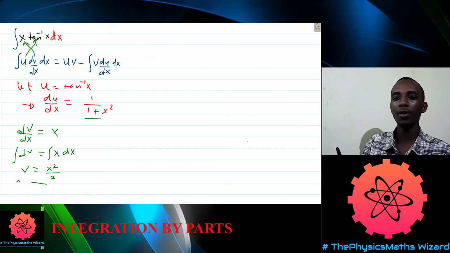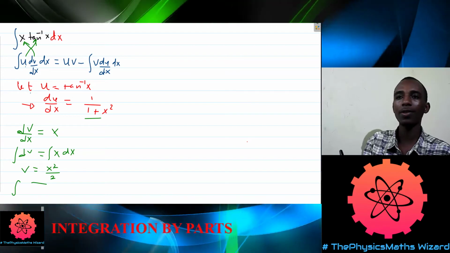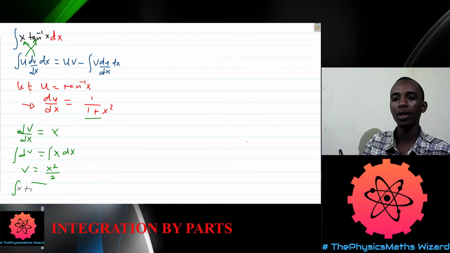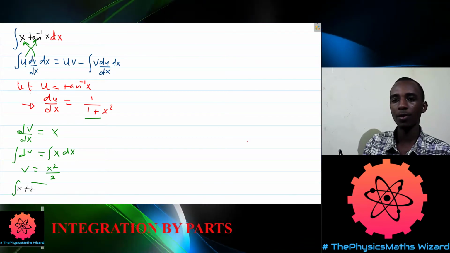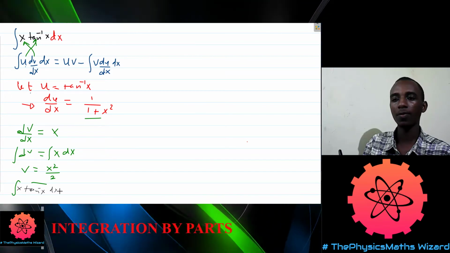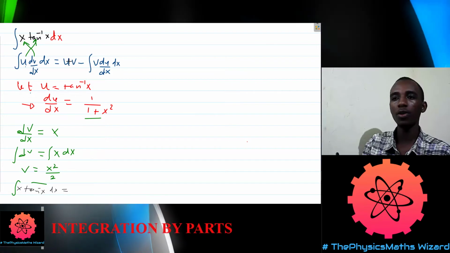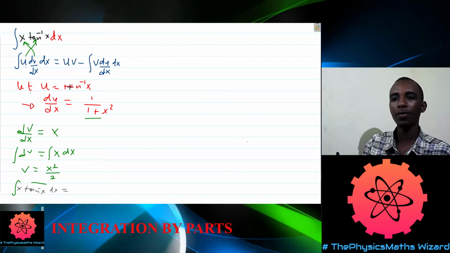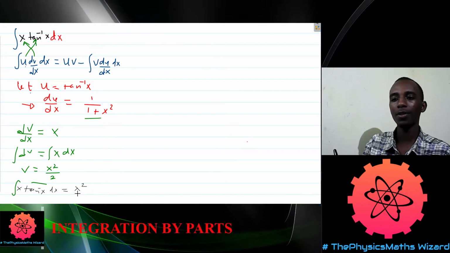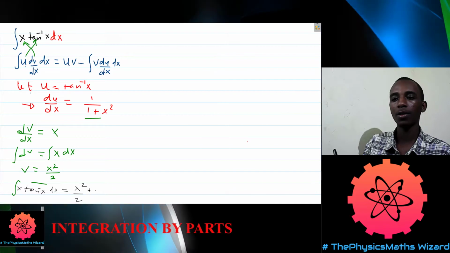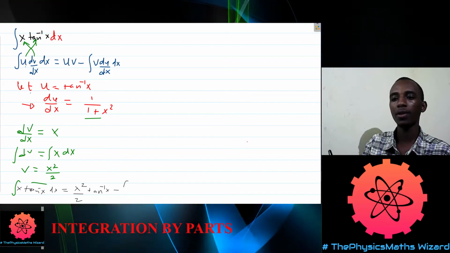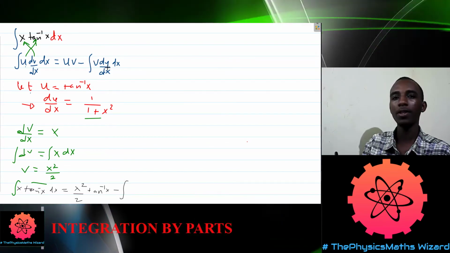So we'll have the integral of x arctan of x dx. This is going to be u times v. In this case, we have u as arctan of x and v is x squared over 2, minus the integral of v du/dx.